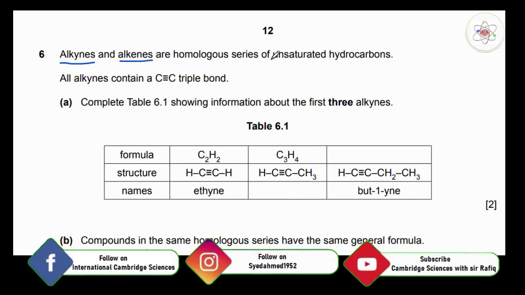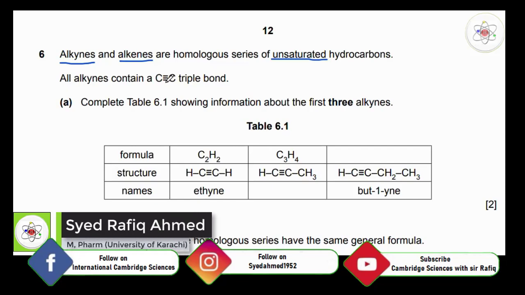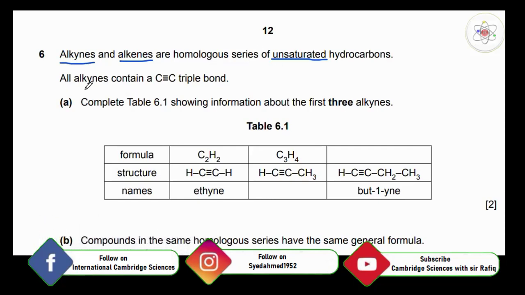So when there is a double or triple covalent bond between 2 carbon atoms in a hydrocarbon, the hydrocarbon is said to be unsaturated because more atoms can be added by breaking the double or triple bond. Okay, the second or third bond can be broken and more atoms can be added, so they can undergo addition reactions.